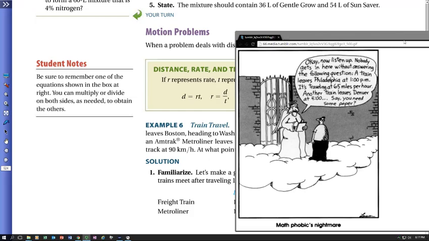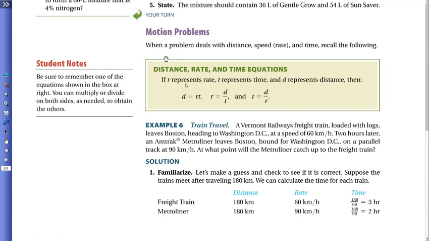But here we go with word problems with motion, and they start with really a definition of what rate is. They kind of start here and say this is a first formula, but really rate means a fraction.